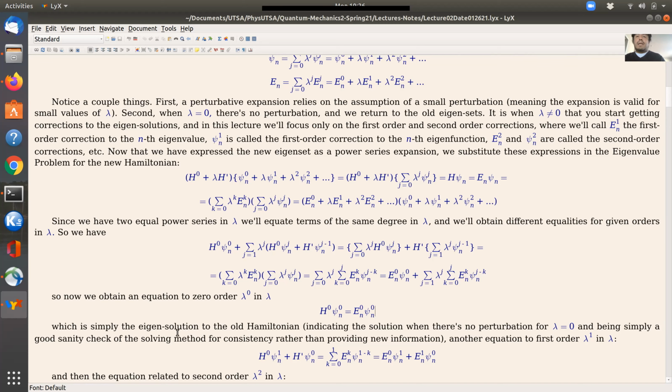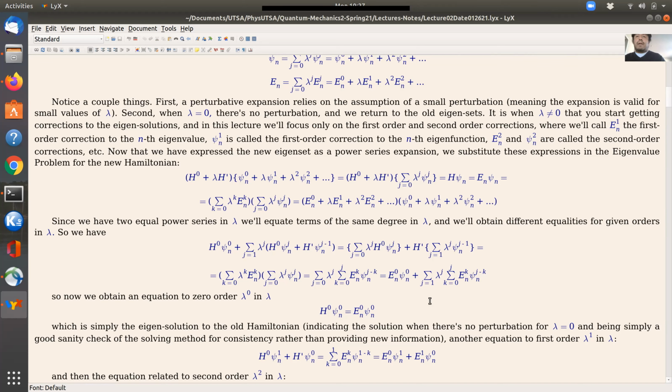This is just the eigensolution of the old Hamiltonian at the lowest order, when there's no perturbation, for lambda equal to 0. It's a good sanity check that our method is working and consistent with the old problem. It doesn't provide new information, it's just making sense at this point. We're good, but again, this is not providing new information.